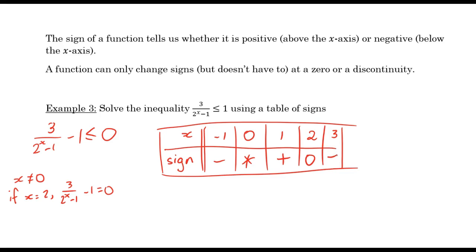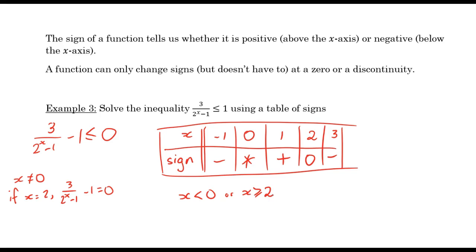Okay. So, to find where this expression, 3 over 2 to the x minus 1, is less than or equal to 1, well, it's when x is strictly less than 0, or x is greater than or equal to 2.